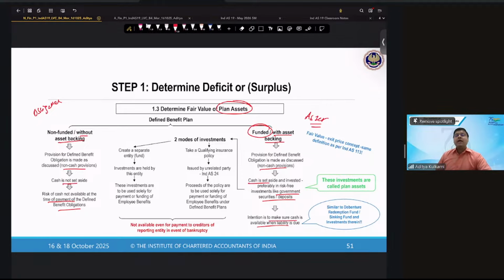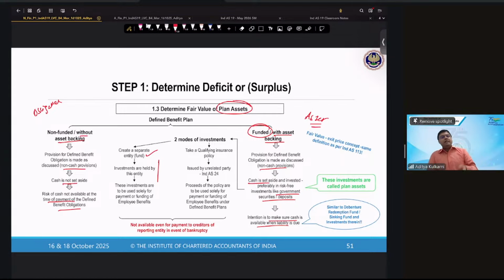Okay. What is the mode of investment? There are two types, broadly speaking. One is to create a separate fund, a separate entity, a separate trust, an employee trust or employee plan. Create a separate legal entity and go on parking money there. These investments are held by this entity.